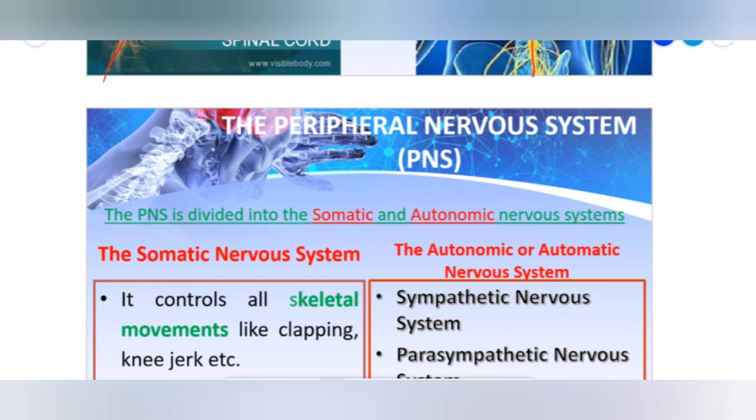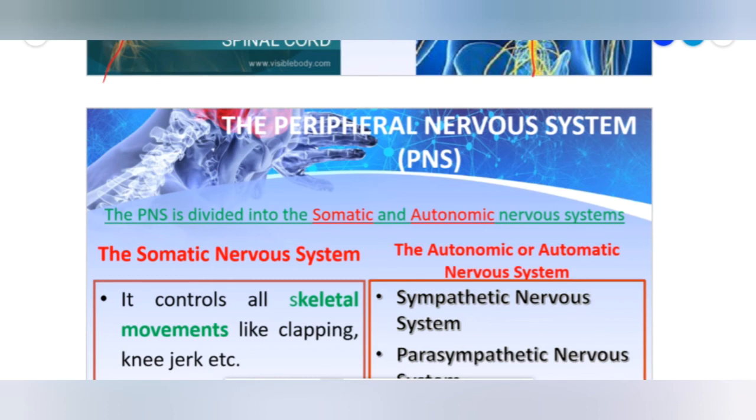So the peripheral nervous system always passes information through all these nerves. It is made up of all these nerves that relay information to the brain. So the 12 and the 31 pairs, they are all parts of the peripheral nervous system, because their role is to do what? To collect response and send to the brain.